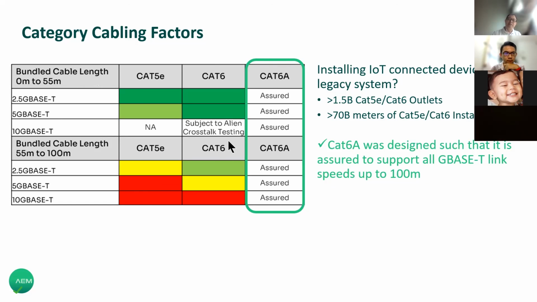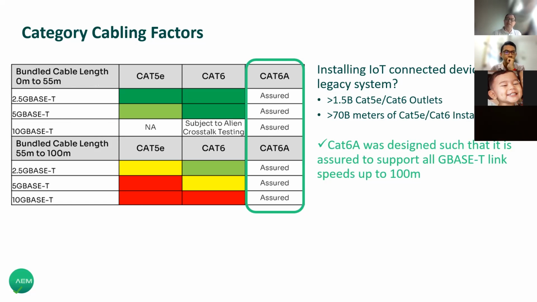When Cat 6 came out in the market, there was this issue we call alien crosstalk. Alien crosstalk means cable-to-cable noise.